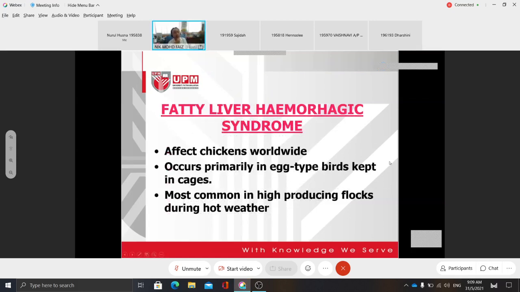So the first one is fatty liver hemorrhagic syndrome. It usually affects long-lived birds, especially the cage layers, and it affects chickens worldwide. It has been reported since 1956, if I'm not mistaken, and is most common in high-producing flocks during hot weather.